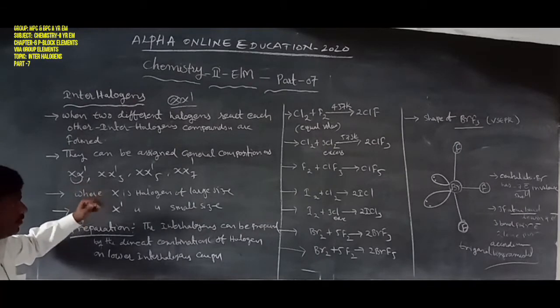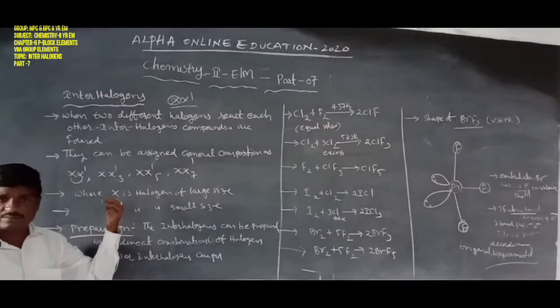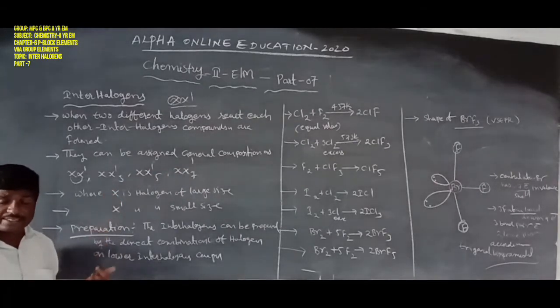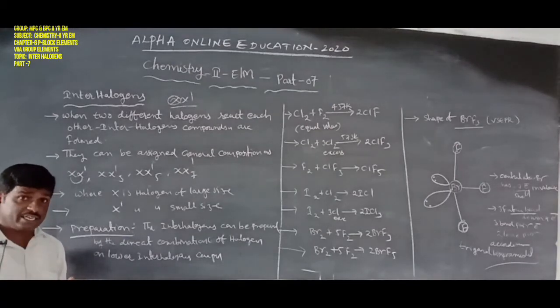Interhalogen compounds are formed, and they can be assigned general compositions like XX dash, XX dash 3, XX dash 5, XX dash 7.